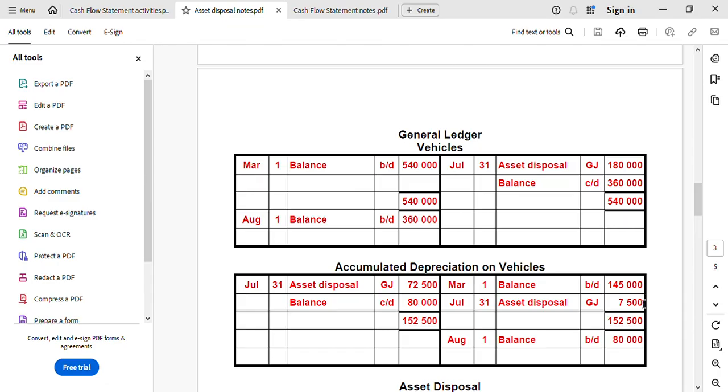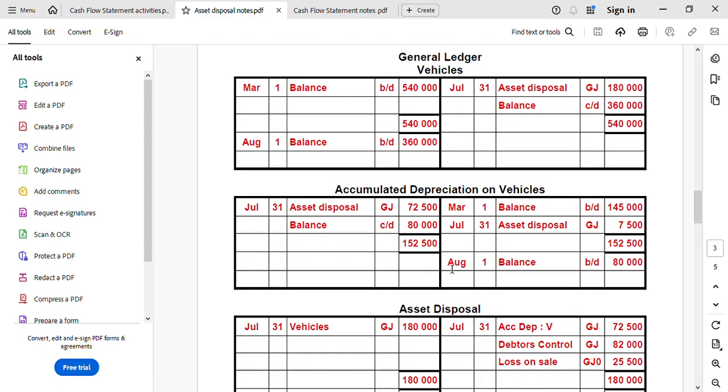We then updated depreciation with the 7,500. That depreciation together with its balance comes out of accumulated depreciation, and then you work out the new balance, and that balance here is the depreciation on the vehicles that you did not sell.